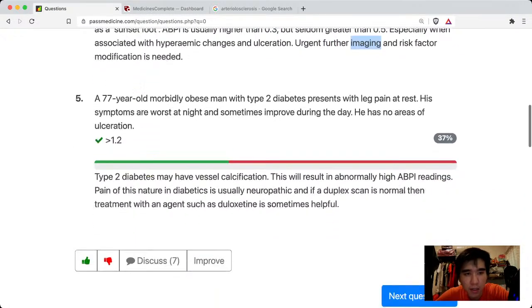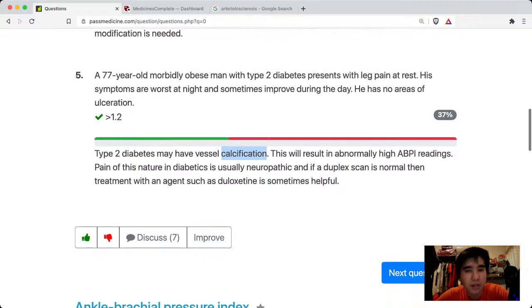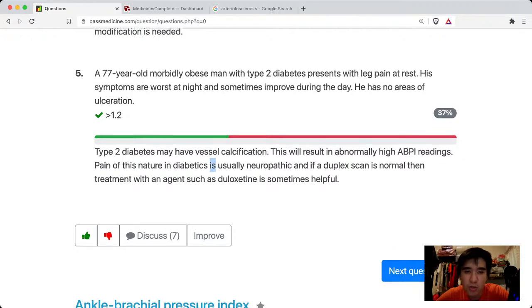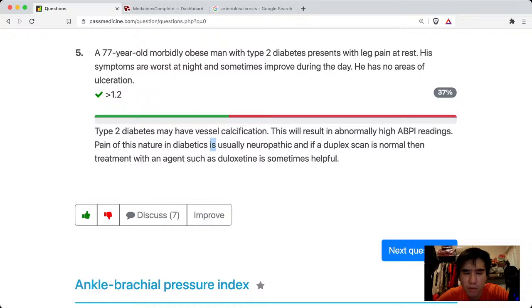Okay. Type 2 diabetes may have vessel calcification. This will result in abnormally high ABPI readings. Pain of this nature in diabetics is usually neuropathic, and if a duplex scan is normal, then treatment with an agent such as duloxetine is sometimes helpful. Why are you giving duloxetine? Is it for neuropathic pain?